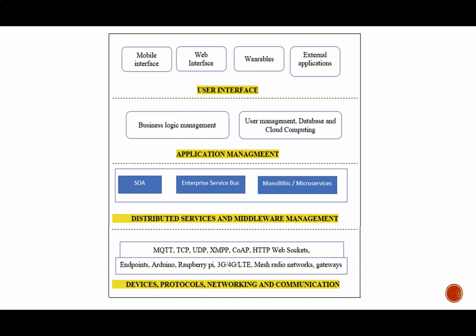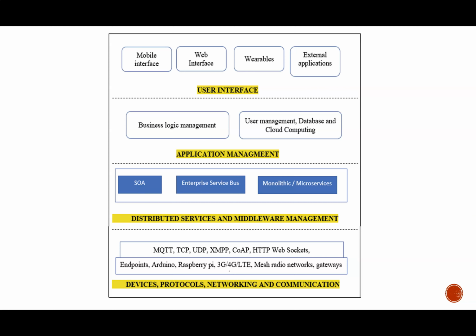Then there's Constrained Application Protocol, or CoAP, at the bottom of the stack, which is also designed to communicate over HTTP for simple integration with the web. Most of the devices at the bottom of this stack are going to be able to communicate using some sort of web-enabled protocol. As you go up the stack, there you have the enterprise service bus, or the middleware layer, as we talked about earlier.